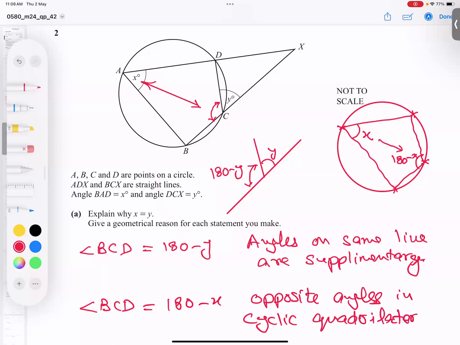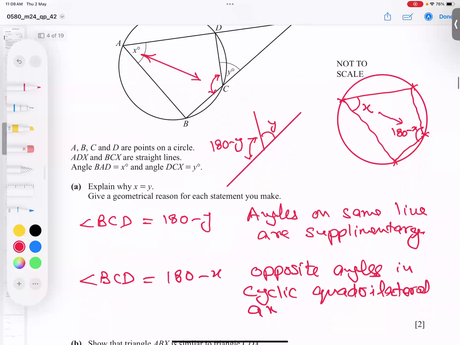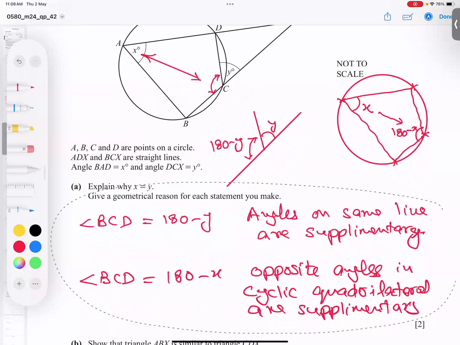Cyclic means all points are on the circle, not outside, like this point is not outside, wrong, must be on the circle, are supplementary. So I think, student, you got the point very clear.